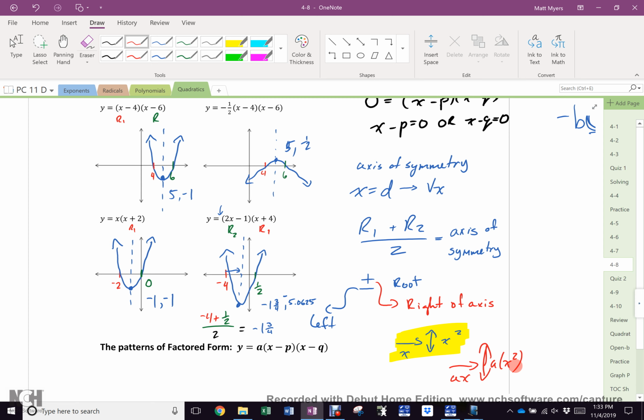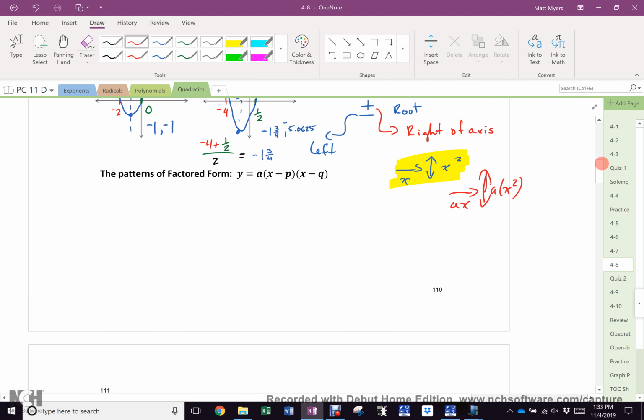Everybody cool? All right. So let's put all this together. This tells us, 1, it still gives us our A. A is still there. And A is reminding you right over here. Okay? This is A still. The second thing this tells us right away, our roots.